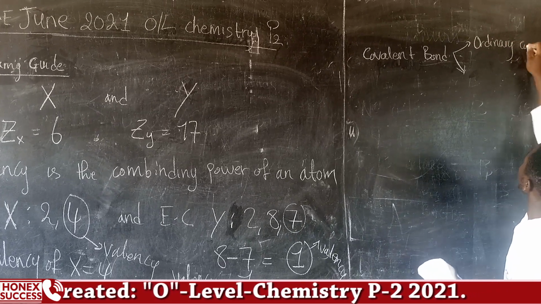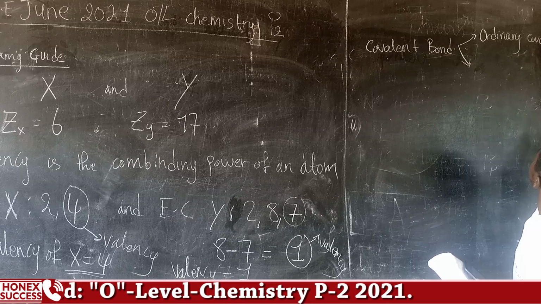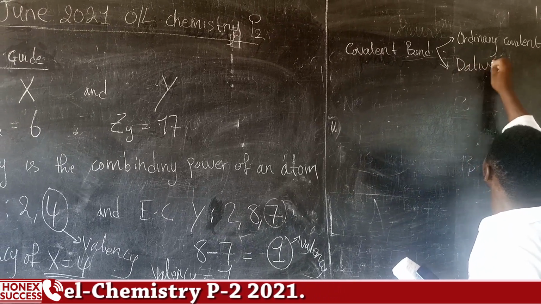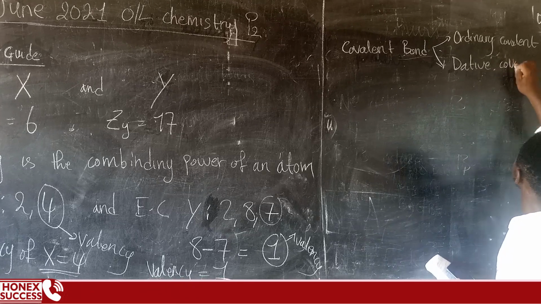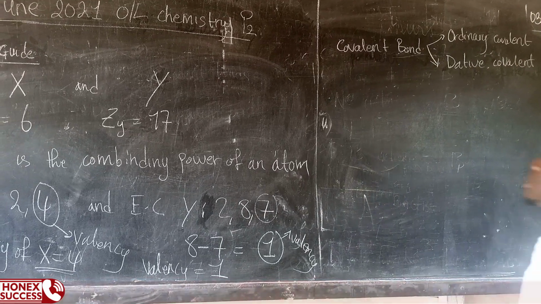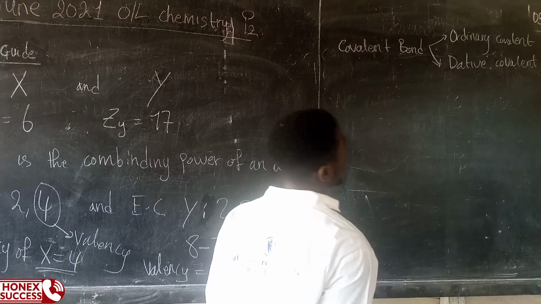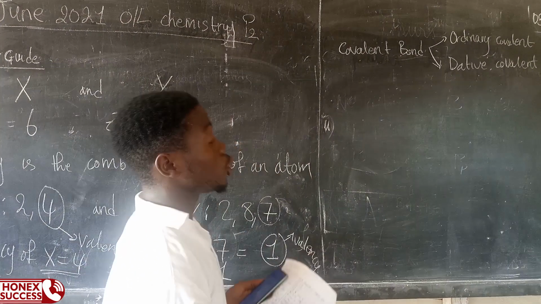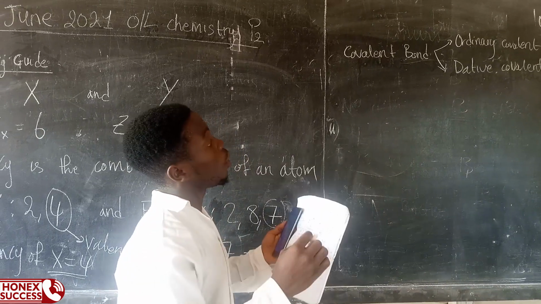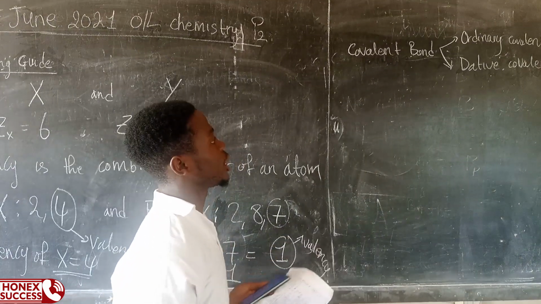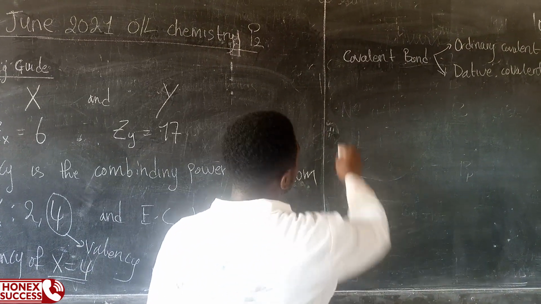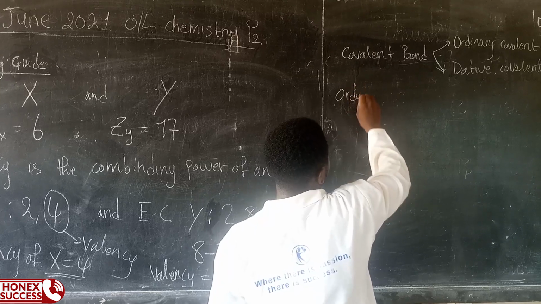The first is an ordinary covalent bond, and the second is a dative covalent bond. Now, what happens during an ordinary covalent bond? First of all, during covalent bonding, there is what we call sharing of electrons.